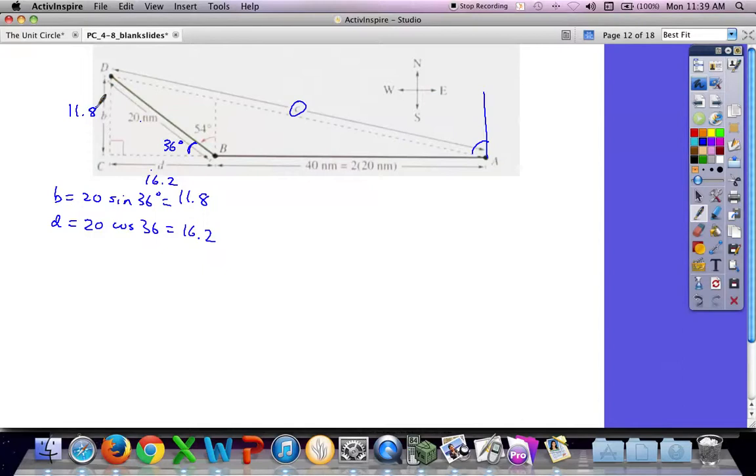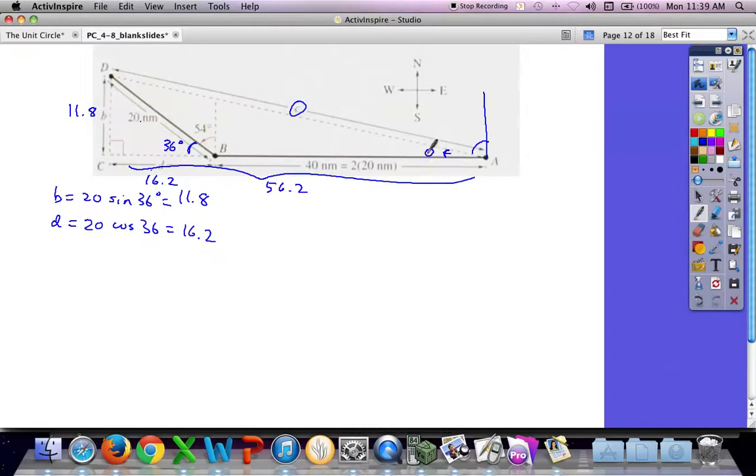Now based on that I know that this entire length from capital C all the way over to capital A is going to be 40 nautical miles plus 16.2. So this side of the triangle is 56.2. And now we can solve for this angle, whatever it is.